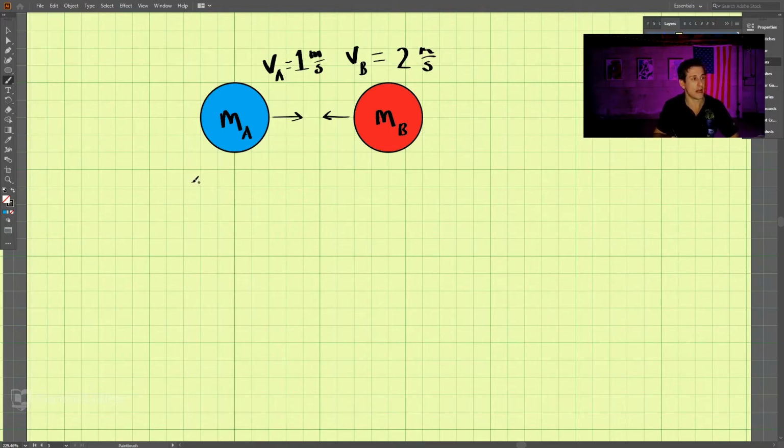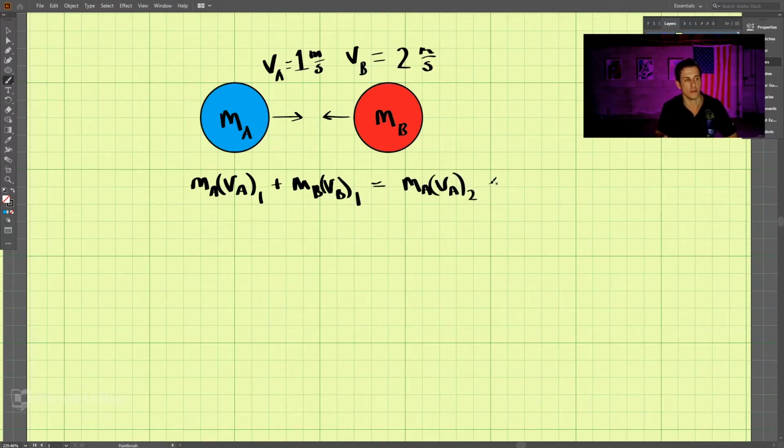So on the left-hand side here, we'll have MA times the velocity of A at time 1, plus MB times the velocity of B at time 1, is equal to, after the impact, MA times the velocity of A at time 2, or state 2, plus the mass of the ball B times the velocity of B at time 2, state 2. Okay, so this is the equation that we have here.